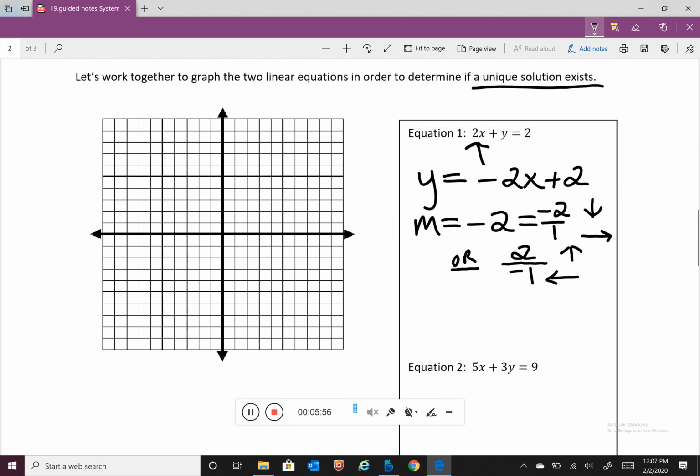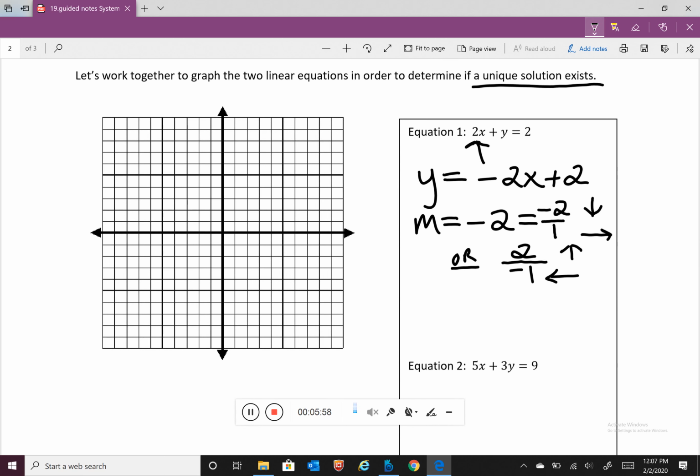Note, either way we look at it, -2, -2 over +1, +2 over -1, we do want to take a moment and note the slope is negative. And if a slope is negative, that means the line will fall. As x is increasing, y will decrease, and therefore the line will fall.